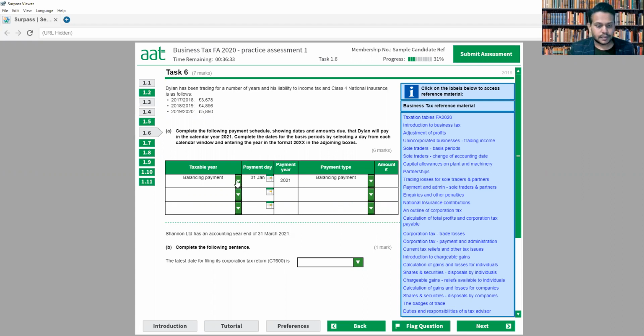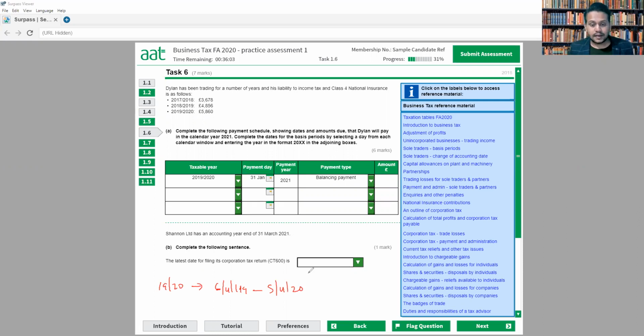So here it will be the payment year 2021, for the tax year 19-20. So 19-20 I pay on 31st of January 2021. Remember, the 19-20 tax year started from 6th April 19 to 5th April 20, isn't it?